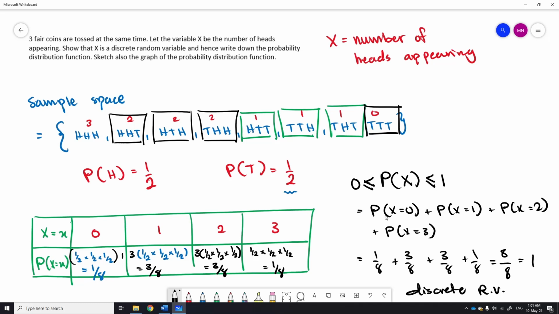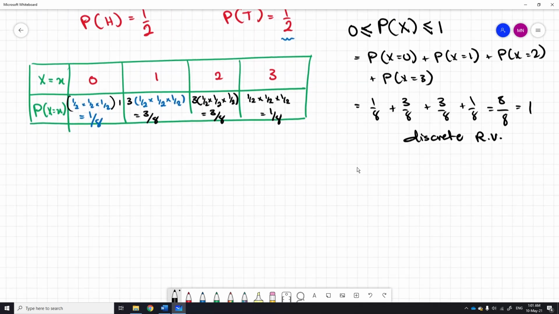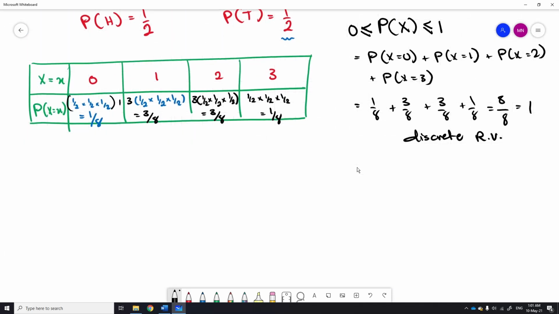Okay. So next is the probability distribution function. To write down the probability distribution function, we write down the f(x) that represents the function. How many kinds of outcome do we have? We have 1 over 8, 3 over 8, 3 over 8 and 1 over 8.